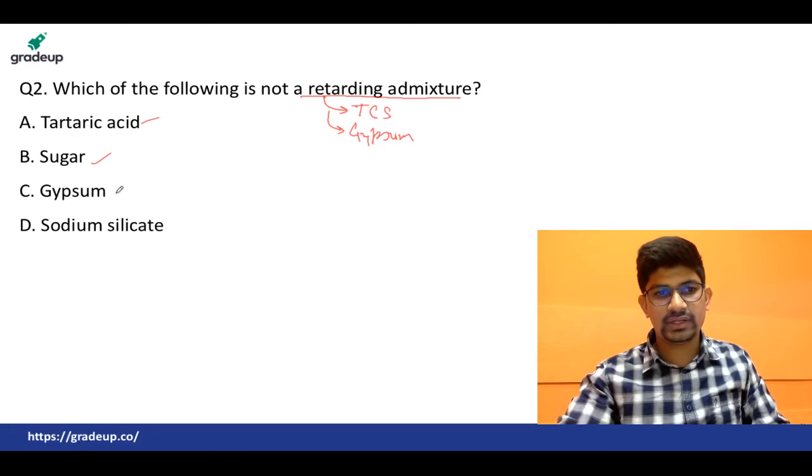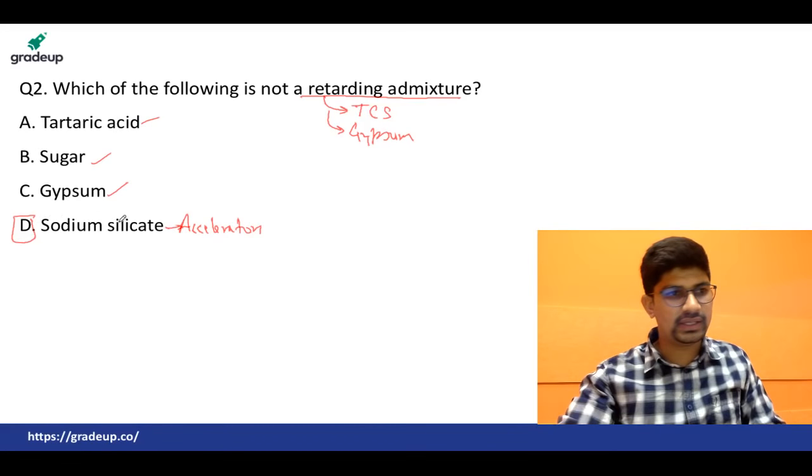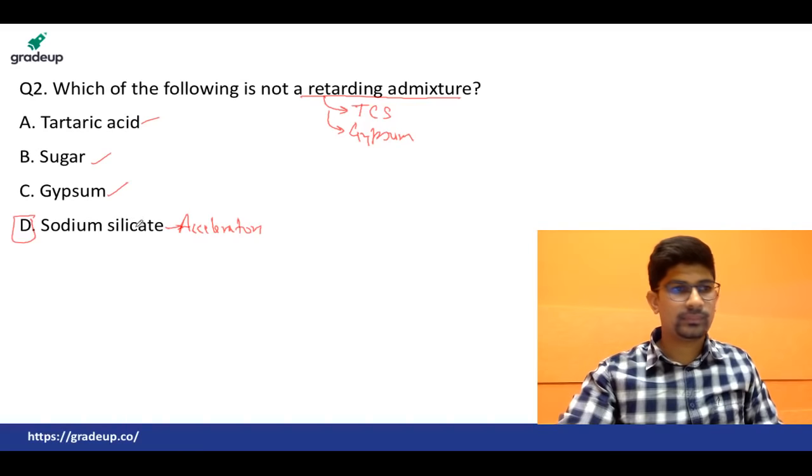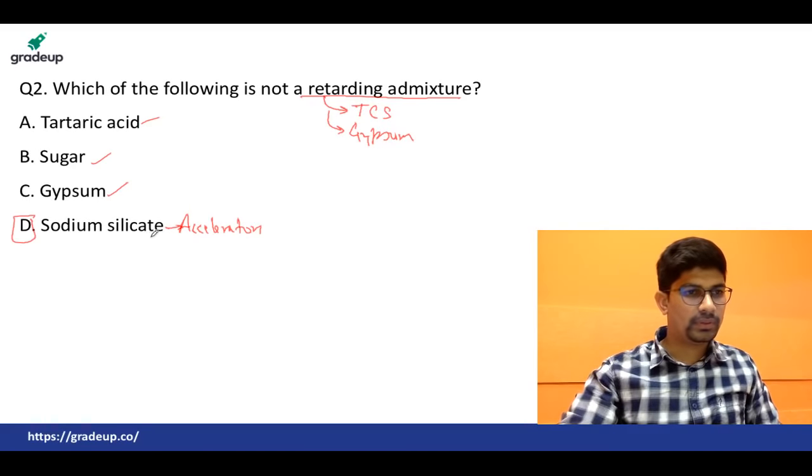Sugar, yes, definitely. Gypsum is also a retarding admixture. Sodium silicate. Now sodium silicates, as you all know, are accelerators. So our answer is B. I hope everyone got this point also.